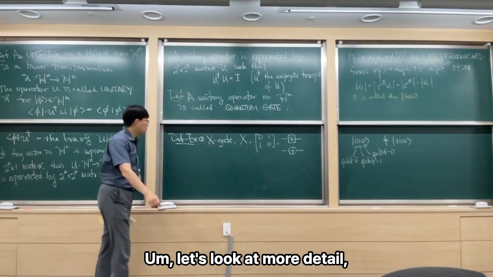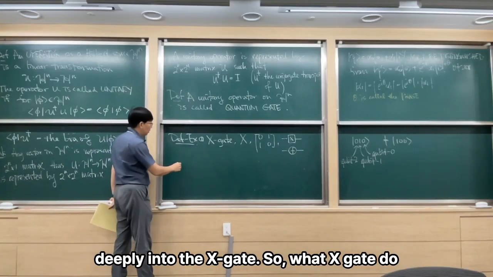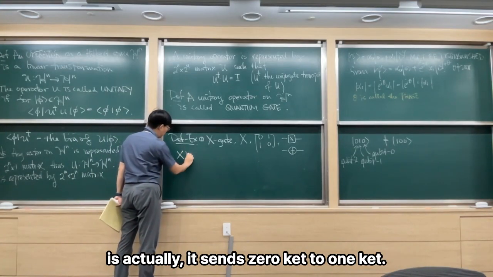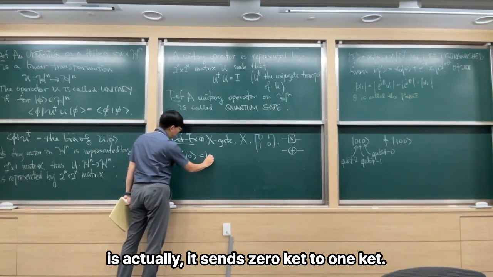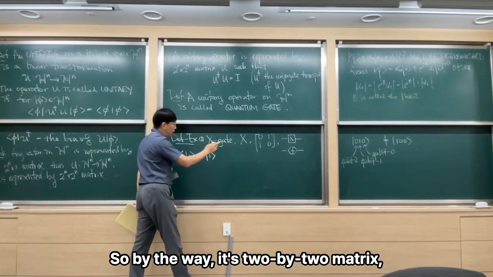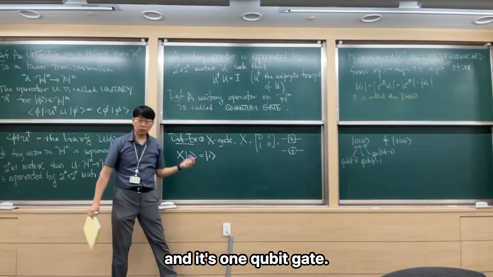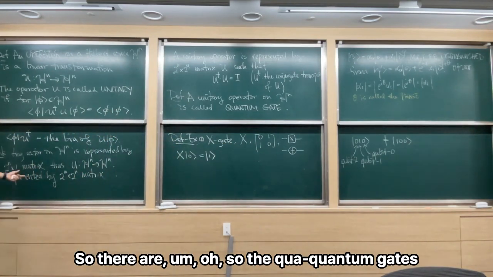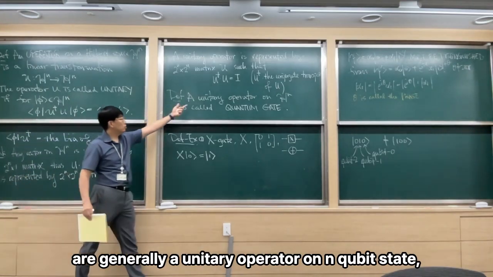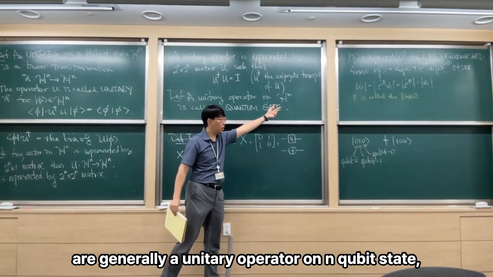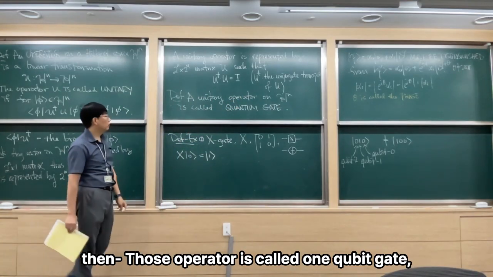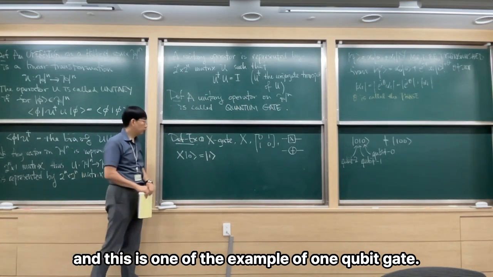Let's look more deeply into the X gate. What the X gate does is it sends 0 ket to 1 ket. By the way, it's a 2 by 2 matrix and it's a 1 qubit gate. Quantum gates are generally unitary operators on n qubit states, but if n is 1, then the operator is called a 1 qubit gate, and this is one example of a 1 qubit gate.